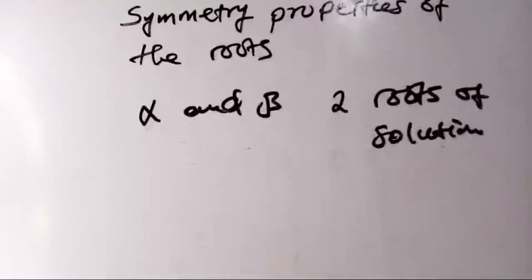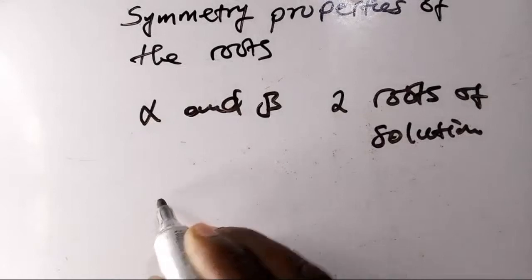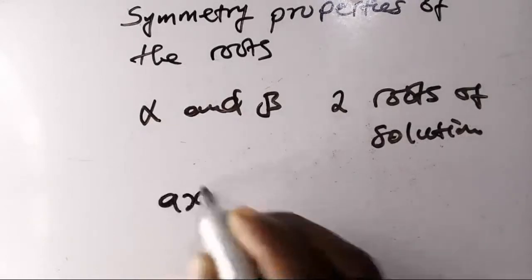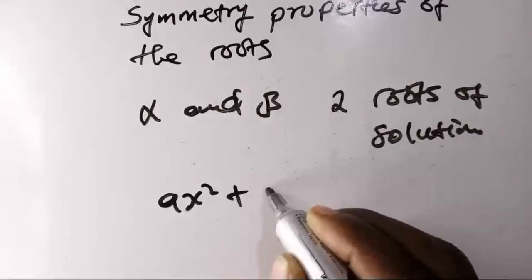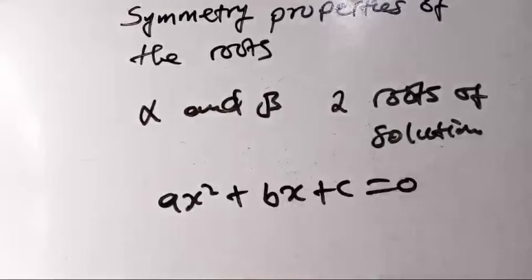What do I mean by there are two roots of the solution? Let's take, for instance, a quadratic equation in this form: ax squared plus bx plus c equals 0.